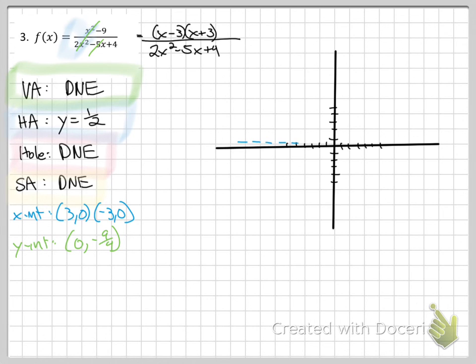So that's down here because I cut mine in half. So y equals a half. We have x-intercepts at (3, 0), (-3, 0), and a y-intercept at -9/4, which is a little more than negative 2.